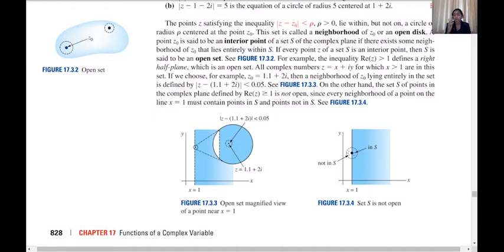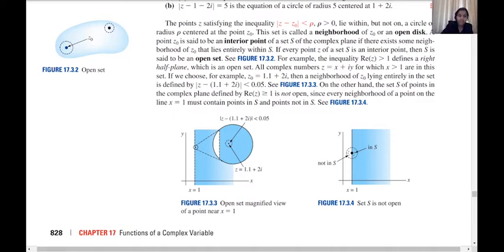So that defines a right half plane, right? And that is an open set. Why? Because if we take any point in that particular region, we will be able to find a neighborhood which lies entirely inside that set.